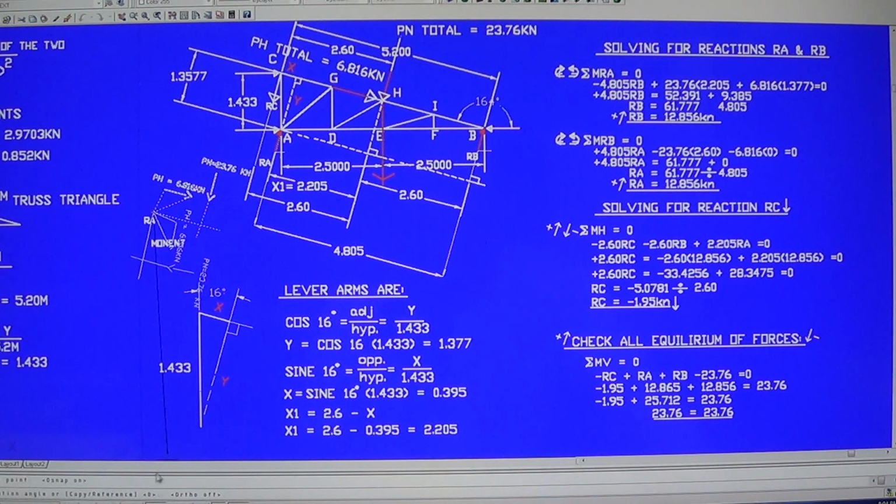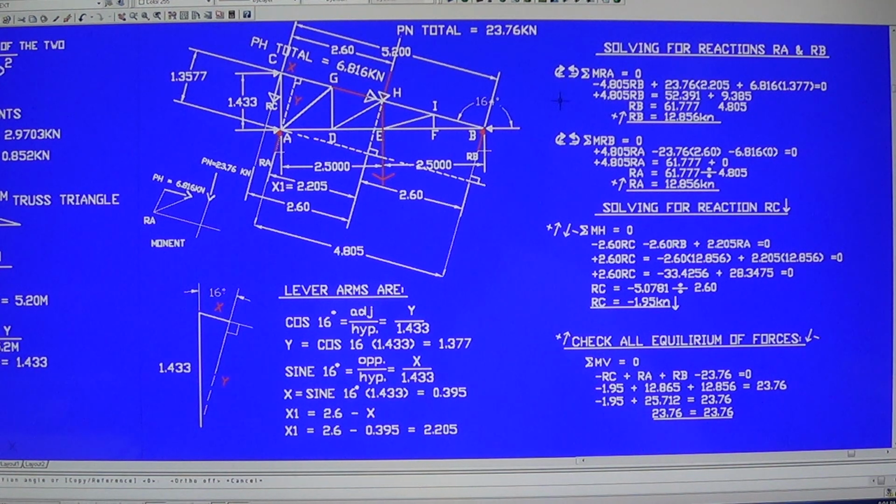That is a clockwise rotation. So if you take moment at A, these two forces will rotate clockwise. So that's positive.